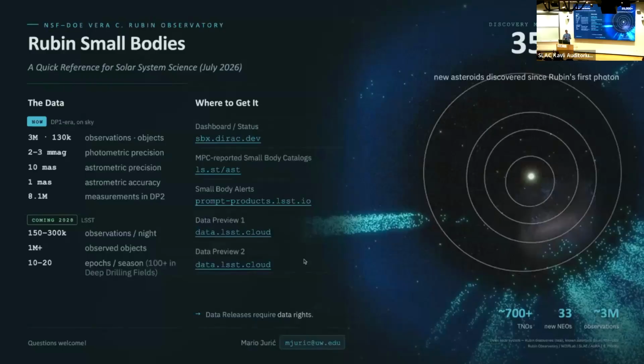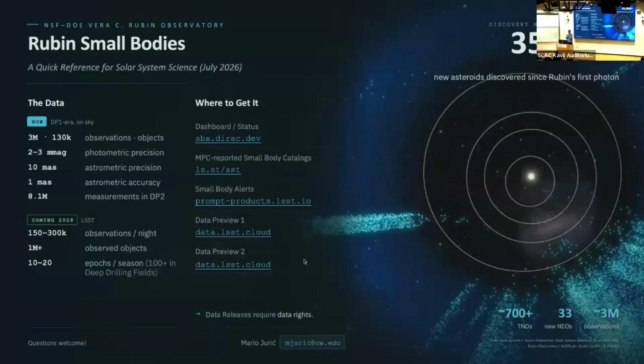So the SS source tables in DP2 are our observations of known asteroids. So there are asteroids that are already in the Minor Planet Center. We did not submit those to the Minor Planet Center until DP2 became public.